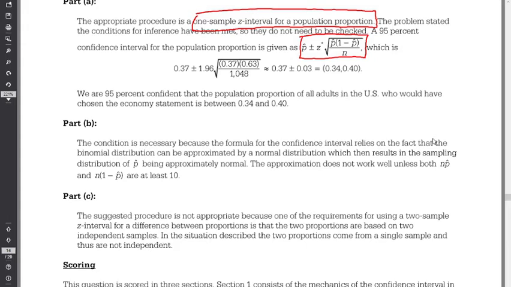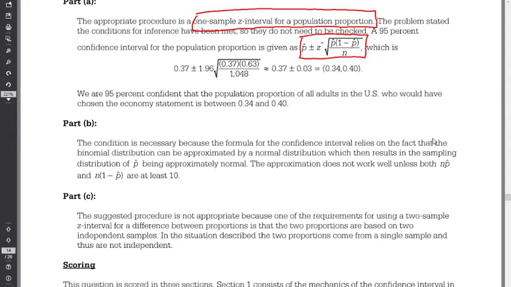Part C was a little bit easier. Part C, they were just asking for you to identify, well, we have two proportions there, so why can't we use a two proportion Z interval instead, or two proportion Z test? Well, we can't use a two sample Z interval for proportions because there was only one sample there.